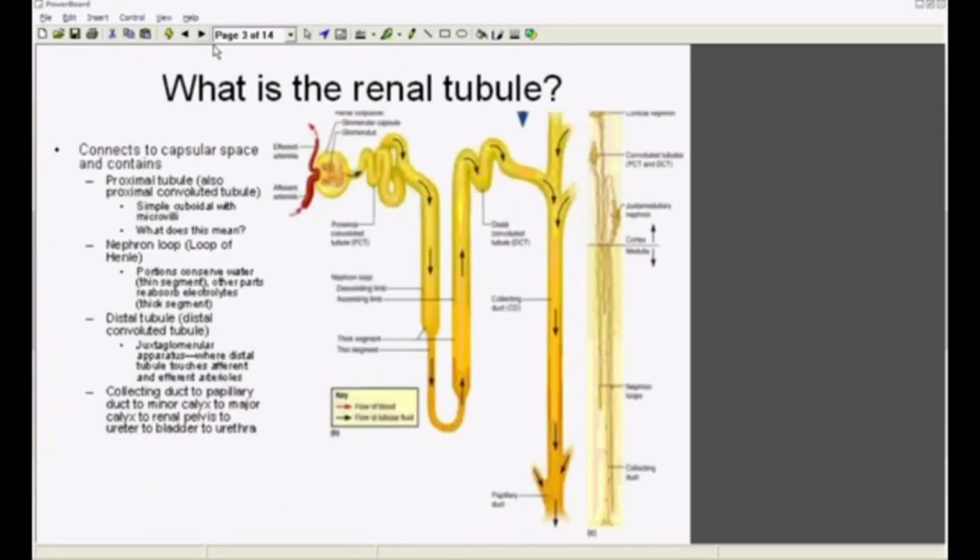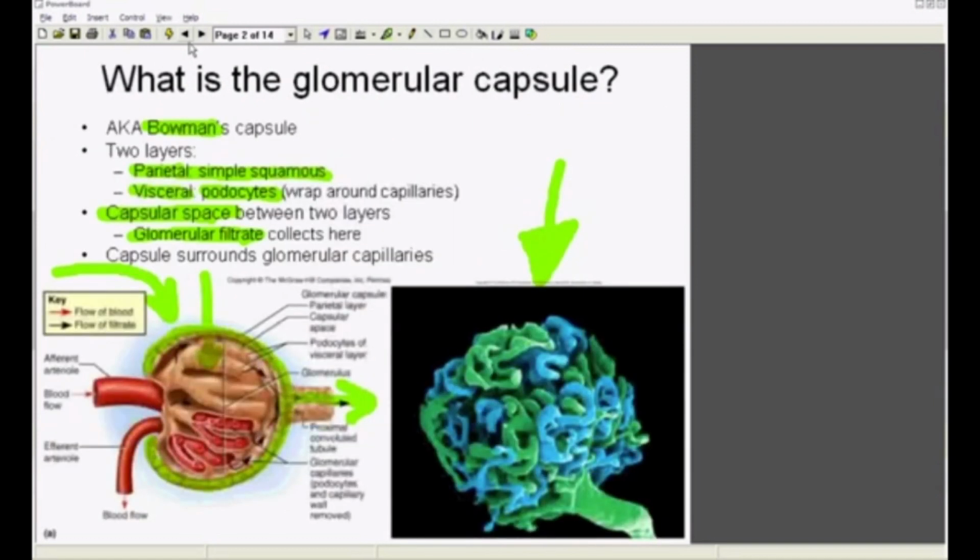Now, once my fluid is filtered out, let me back up for one second and remind you that blood comes into this capillary bed through the afferent, begins with an A, arteriole, and it exits out through the efferent, begins with an E, arteriole. I want you to notice that the afferent arteriole is larger in diameter than the efferent arteriole.